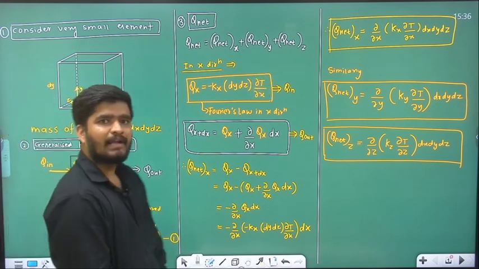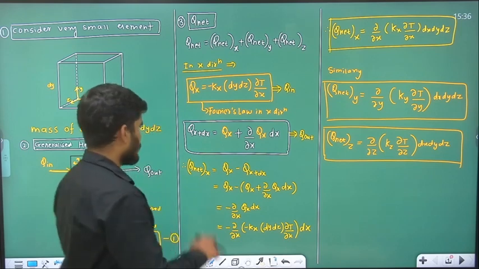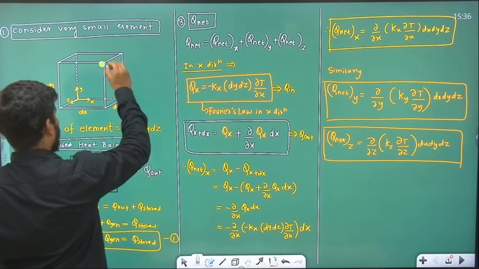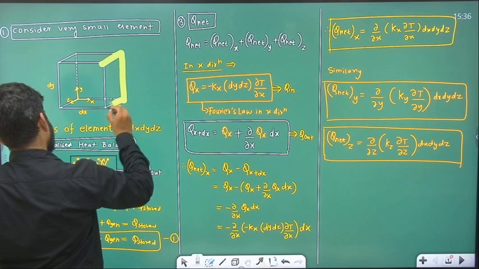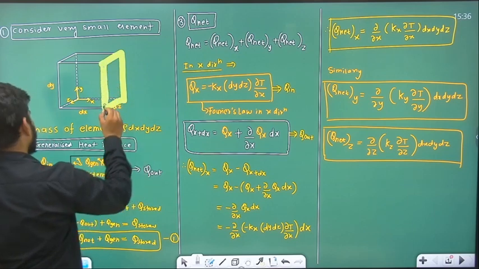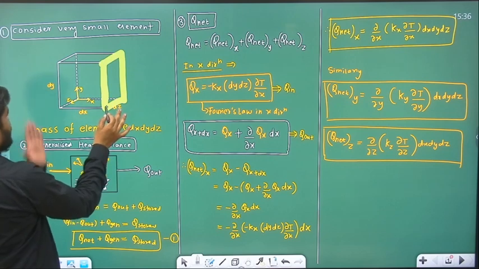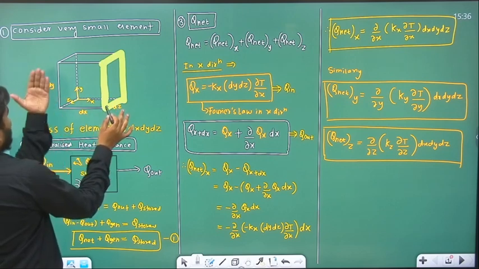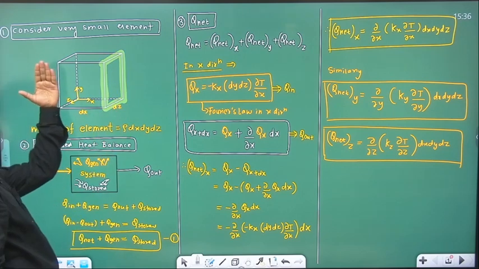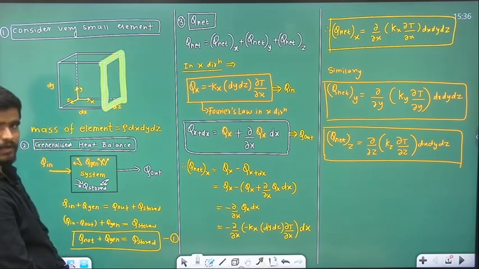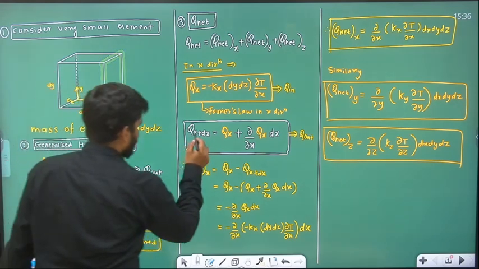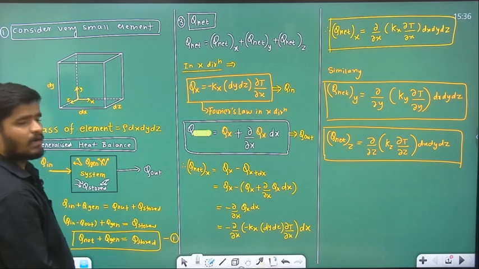Now let us write Qx plus dx, means now I am interested in this face. If you think of this particular face, this is dx apart from face x, the previous face. So that's why I have written Qx plus dx.